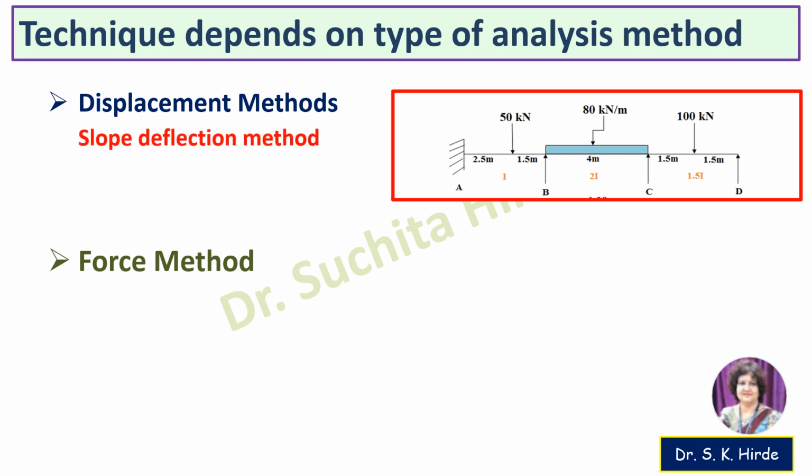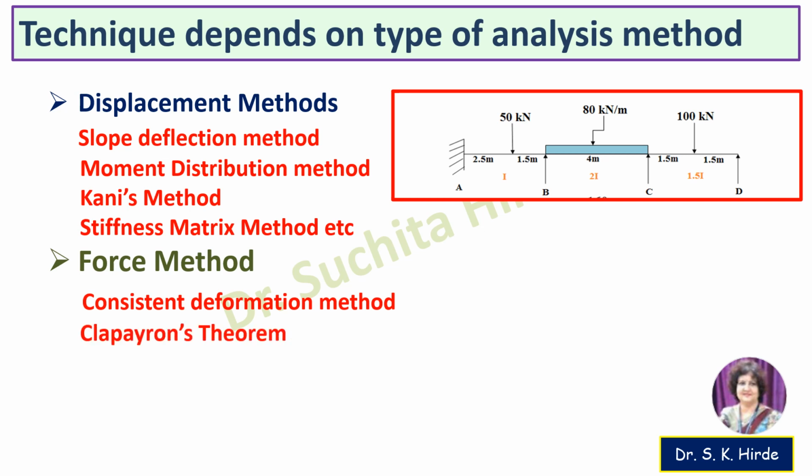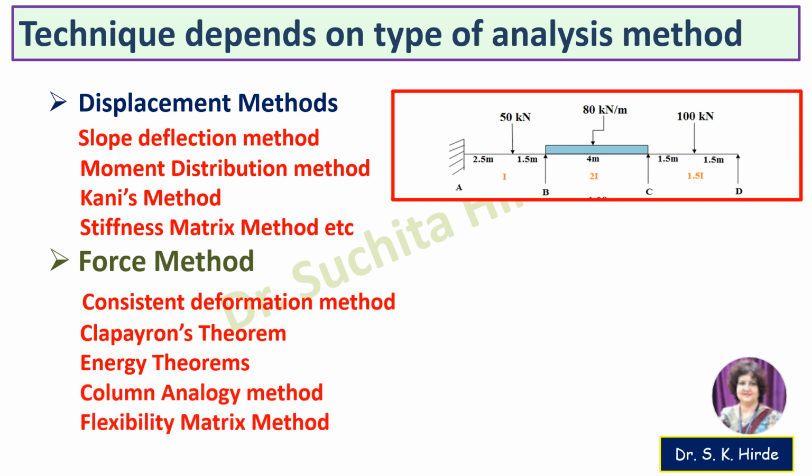For example, in displacement method we have slope deflection method, moment distribution method, Kani's method, stiffness matrix method, etc. In force method we have consistent deformation method, Clapeyron's theorem, energy theorem, that is Castigliano's theorem, column analogy method, flexibility matrix method, etc. So these methods are used to analyze any indeterminate structure.